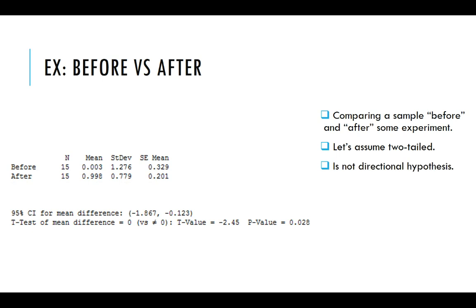And again, a two-tailed test means it's not a directional hypothesis. So let's remind ourselves, what would a two-tailed test look like? Our null hypothesis would be that the means are equal. Now, look at our computer output on the left, and you see two means, 0.003 and 0.998. Wow, those seem pretty different, right?